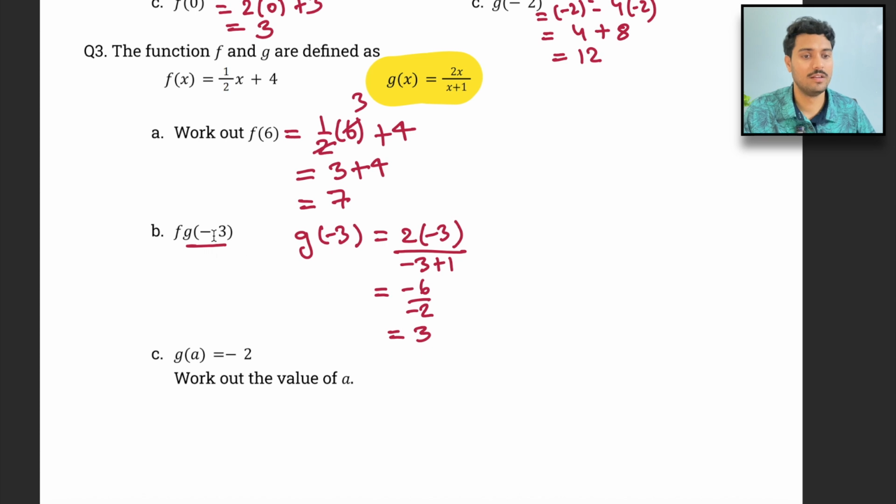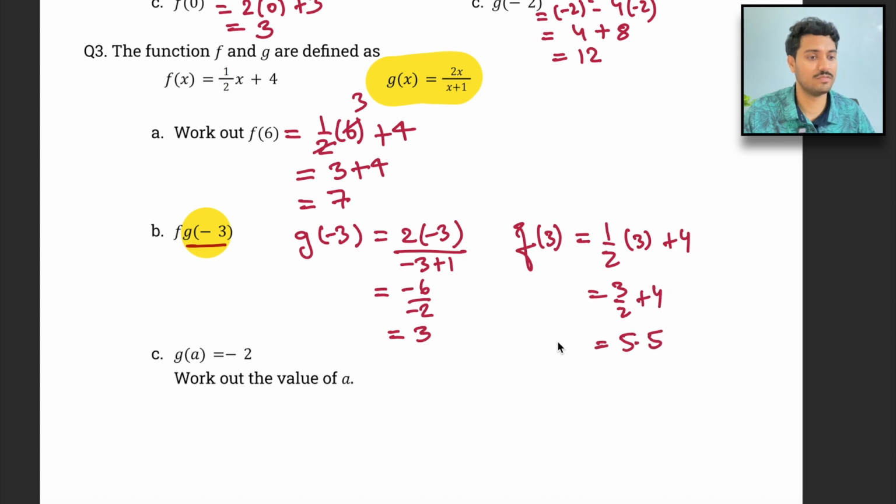That's 3. Now we have the value of g of negative 3, which is this part. And now we have to find f of 3. So f of 3 is going to be half of 3 plus 4. So that's going to be 3 by 2 plus 4, which is going to be 5.5. And that's your final answer.